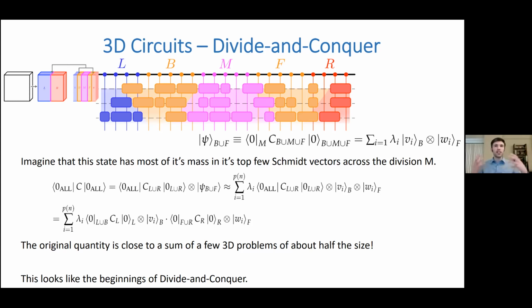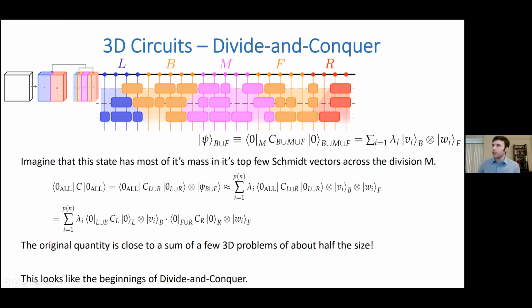This state represents, in a sense, how much entanglement or information is going across this slice M of our quantum circuit. So naturally we would look at its Schmidt decomposition, here on the far right.